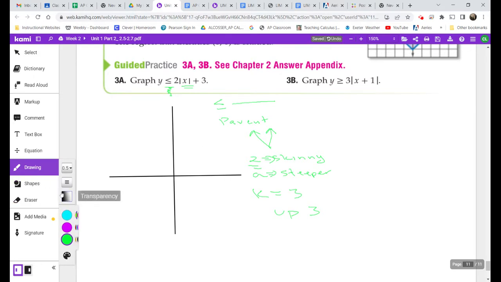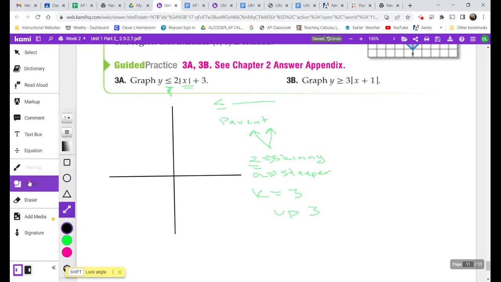So let's just draw this. I will go to my shapes again, and I will do my line here, and I'll do it in green. And I'm going to go up to 3. 1, 2, 3. And I'm going to draw my parent graph up 3, a little skinnier than normal.